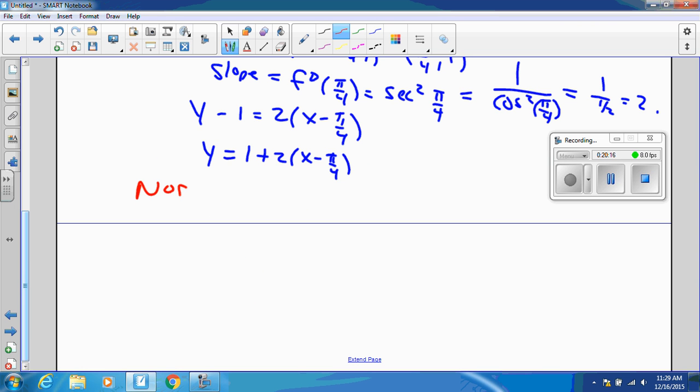We also had a related concept, which was the concept of a normal line. Do you remember that? The concept is that the normal line is perpendicular to the tangent line.